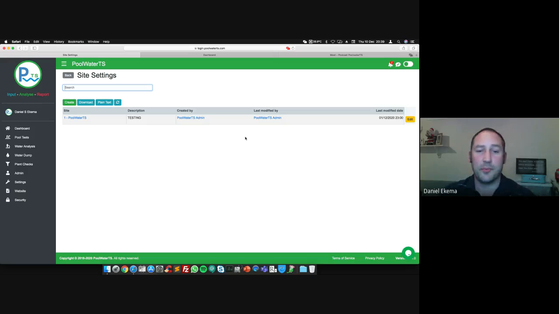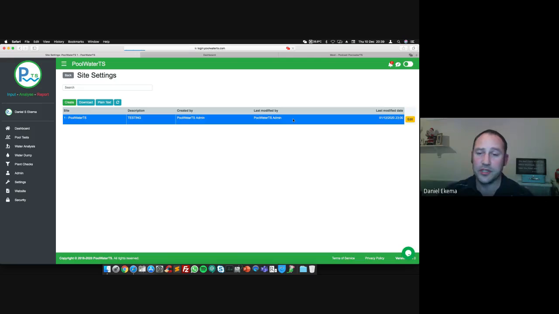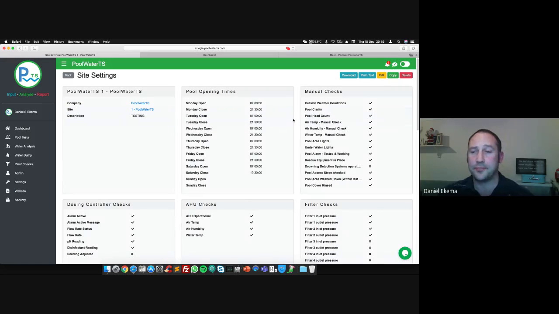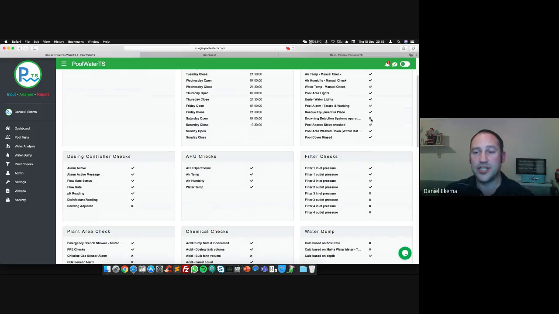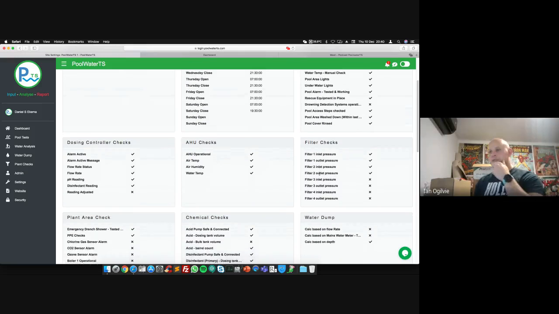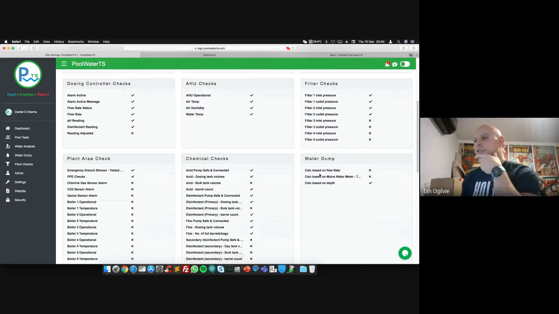If they don't have a boiler, it won't show a boiler. If they have, they can tick that and it will populate on the pool test form. So it makes it very dynamic to the sites. All of the things that are ticked will show on the pool test form. If it's not ticked, it won't show, so they don't have to fill it in. The whole thing is tailored to each site with the initial setup.